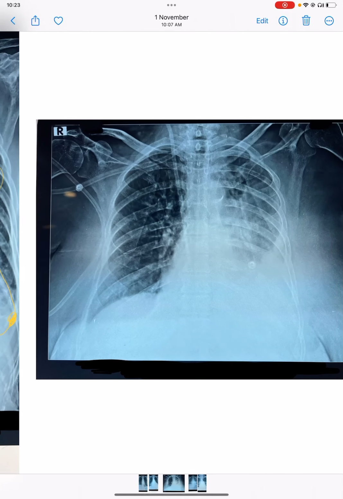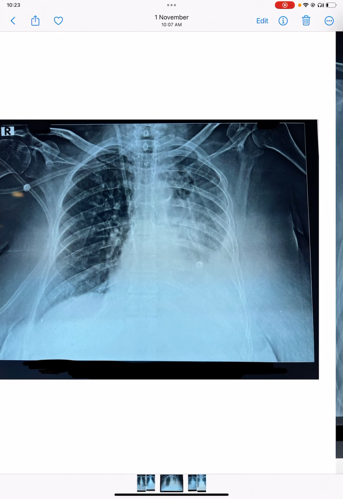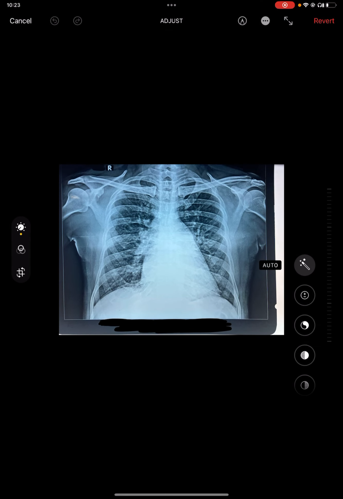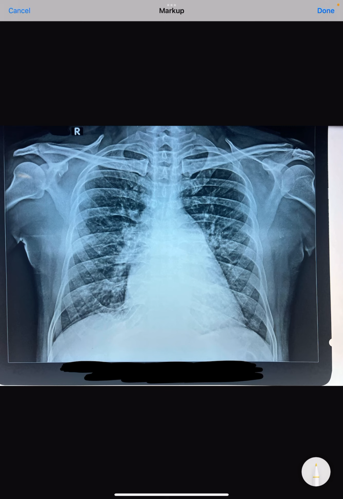Next, I wanted to discuss this X-ray first. Now in this X-ray, this is the midclavicular area, because this is the clavicle and this is the middle of the clavicle. If you put a line, the apex is still medial to the midclavicular line.